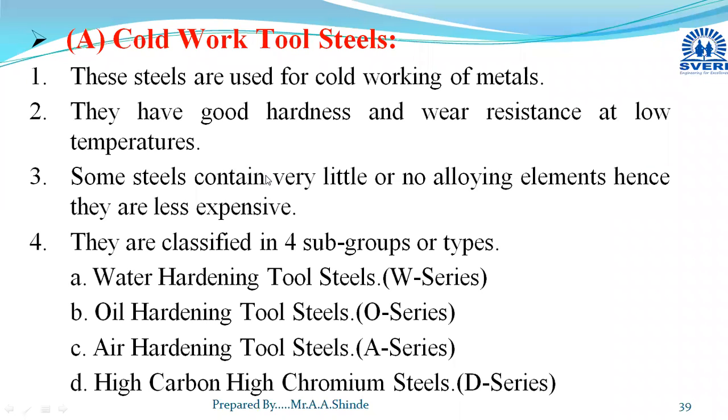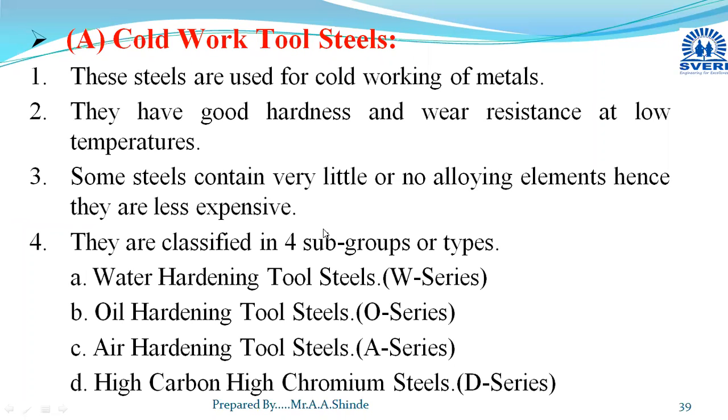These steels are either high carbon steels with a very small amount of alloying elements or none at all. Hence, as the alloying element percentage is very low, these cold work tool steels are less expensive, or cheaply available. Now we will move towards the classification.